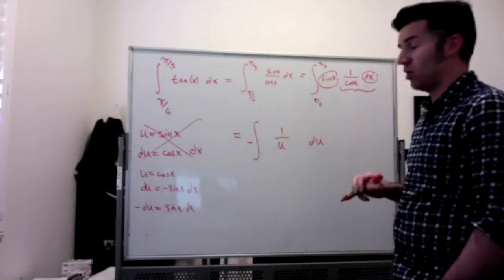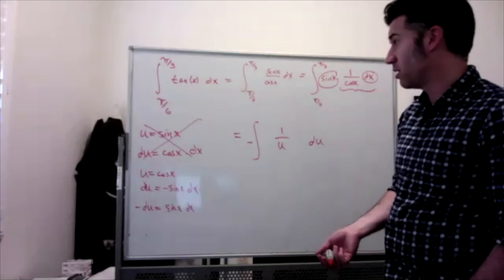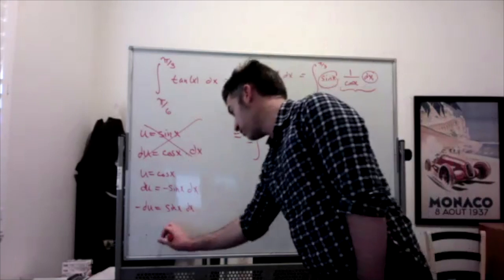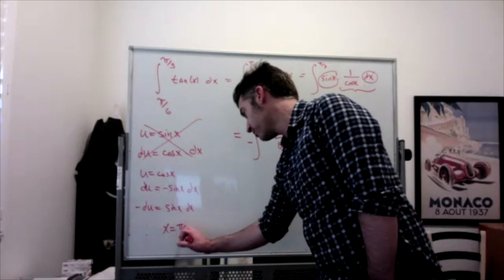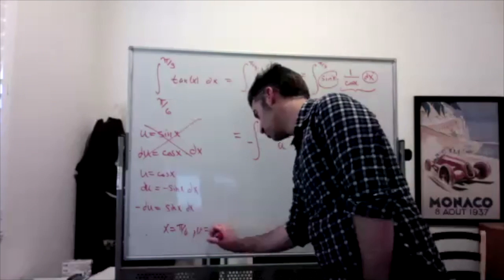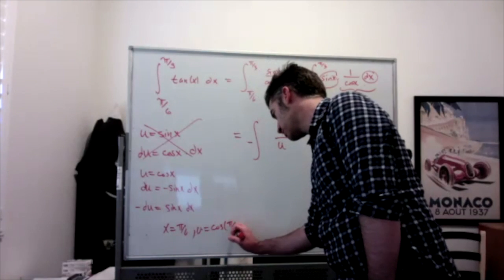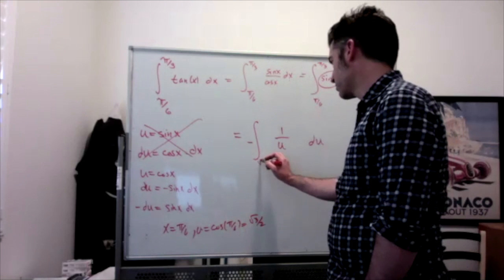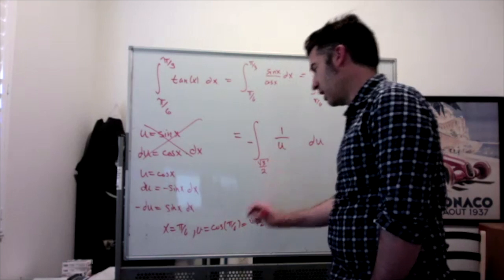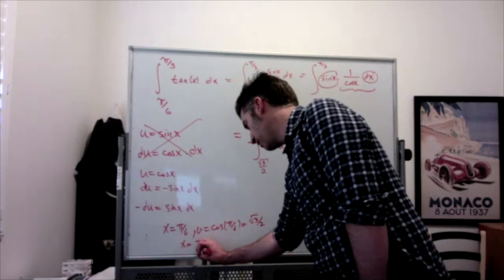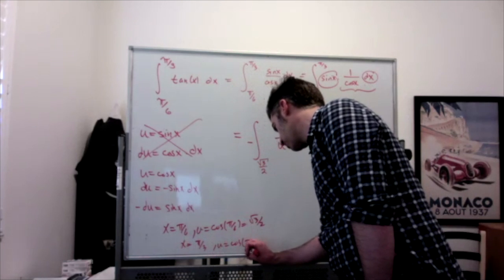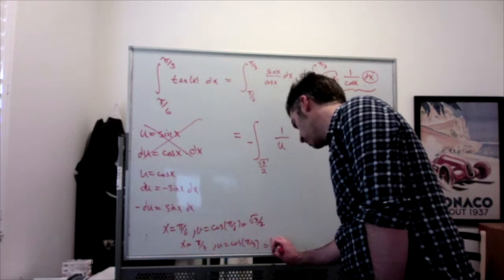All right, and now I should also change my limits of integration. If x equals pi over 6, u is going to equal cosine of pi over 6, which is the square root of 3 over 2. And if x equals pi over 3, u is going to equal cosine of pi over 3, which is 1/2.